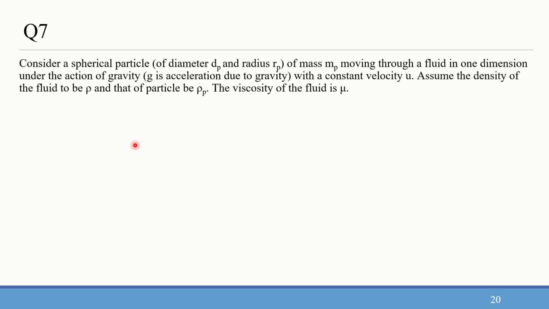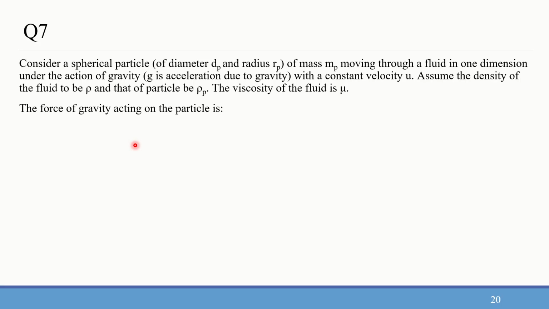The viscosity of the fluid is mu. So we are given the nomenclature for a particle settling in a fluid: particle parameters like diameter, density, mass have dp, rho p, mp, and fluid parameters like density and viscosity have rho and mu without any subscripts.